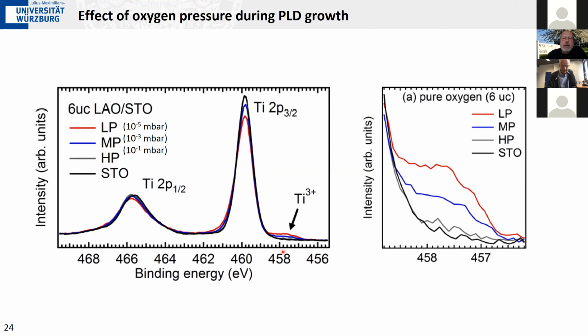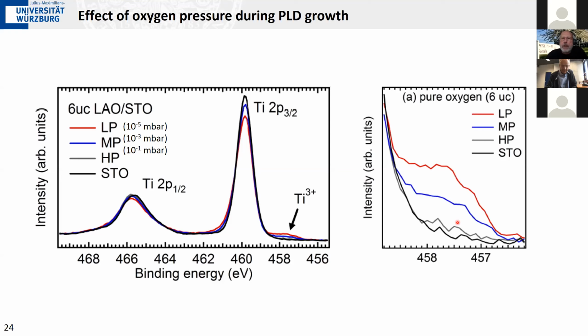You can see here that the intensity of the trivalent satellite increases as you go from high pressure to low pressure. Again, low pressure means we don't have enough oxygen, so we create oxygen vacancies, apparently here on the STO side, because we are looking at a titanium signal.